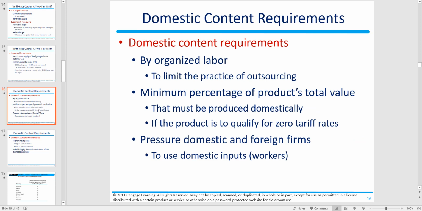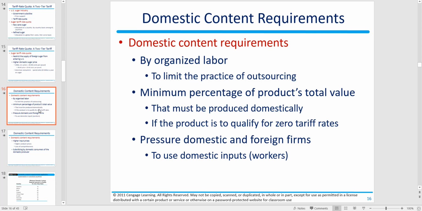Another mechanism at the disposal of governments to give protectionism to local producers is to set a domestic content requirement. What is that? Well, that is the imposition that a certain percentage of it, let's say 50%, has to be produced domestically. The other 50% can be made elsewhere, but half of it has to be made here. Now, these numbers vary.